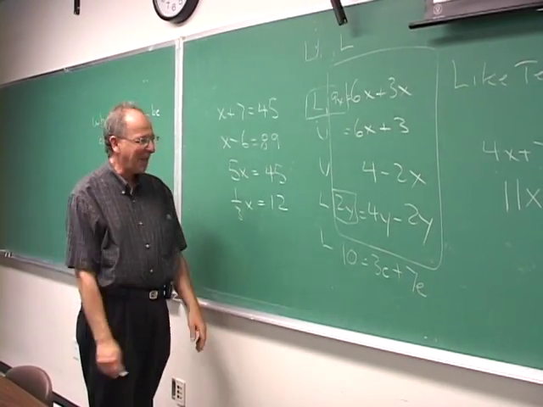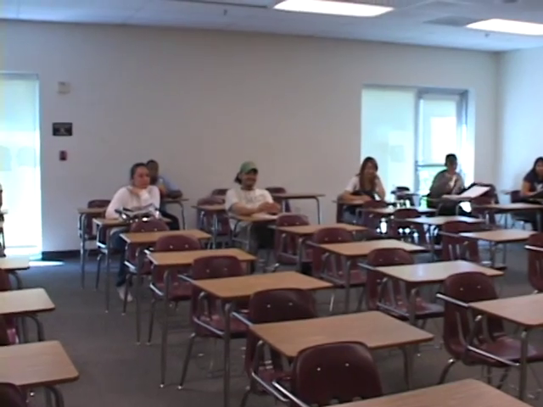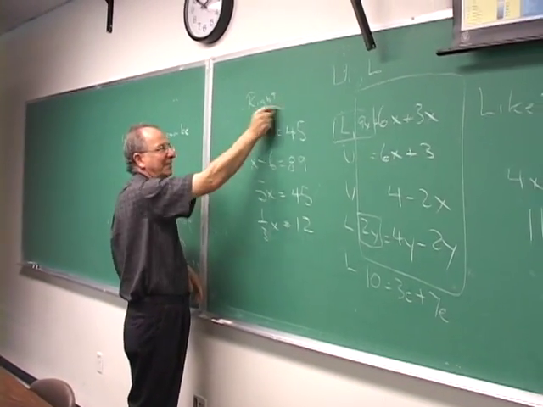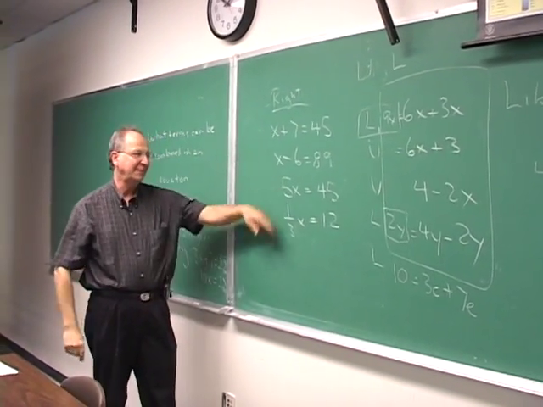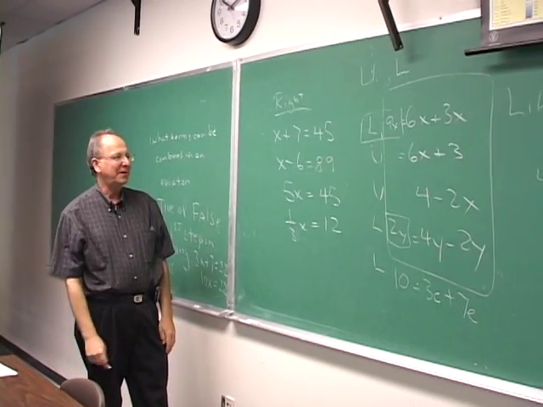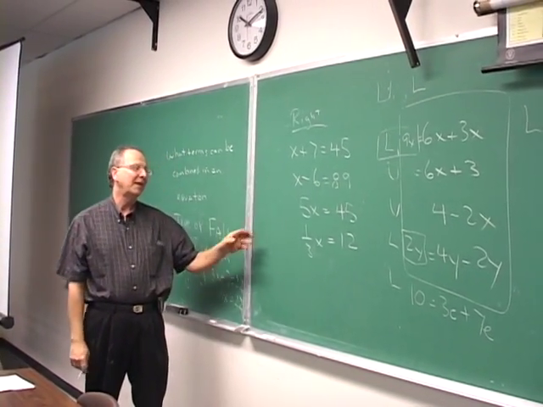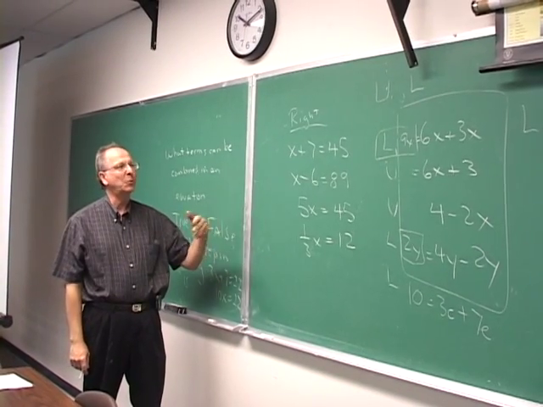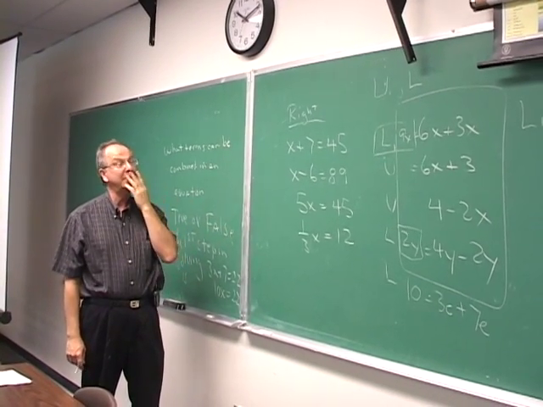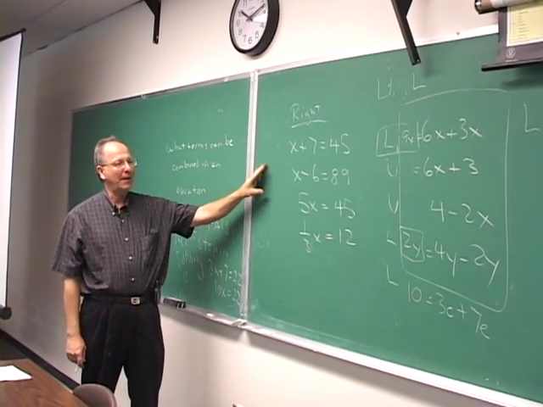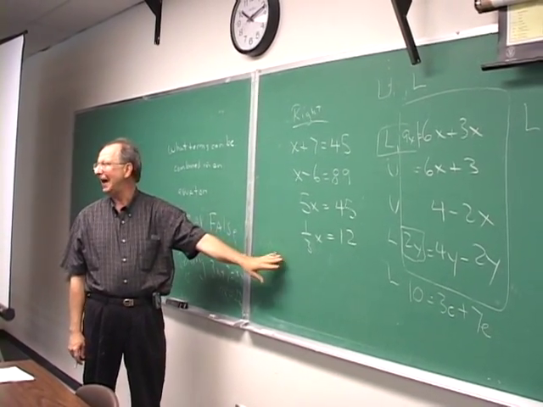Good, okay. All right. Now, the reason we do this is getting this right is very important. This is like the meat and potatoes of algebra, solving equations. And we will feel that our class is successful or unsuccessful based upon whether you are able to do these with good accuracy.